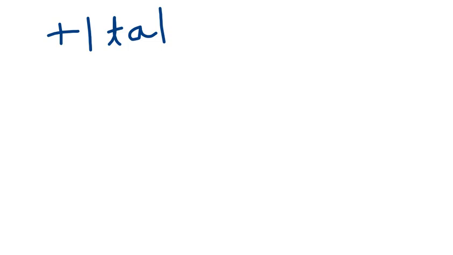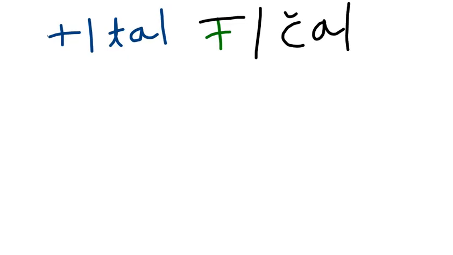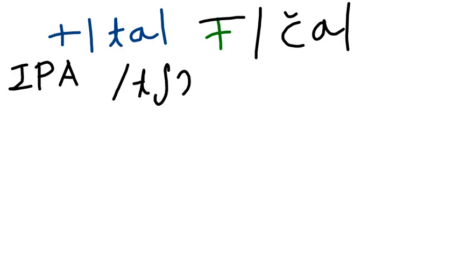And adding one horizontal line above Ta, it became Cha. In the IPA, International Phonetic Alphabet, it has such a symbol. And as an example, in English, we have church.